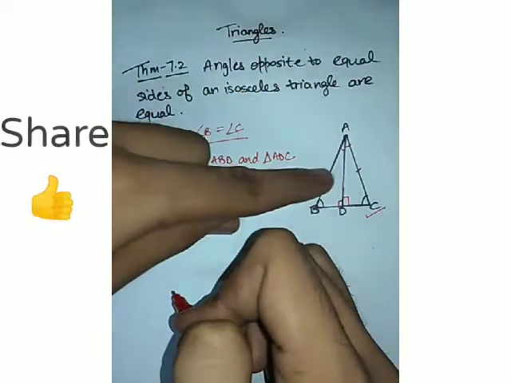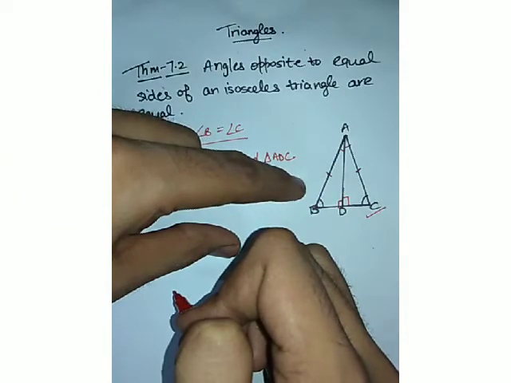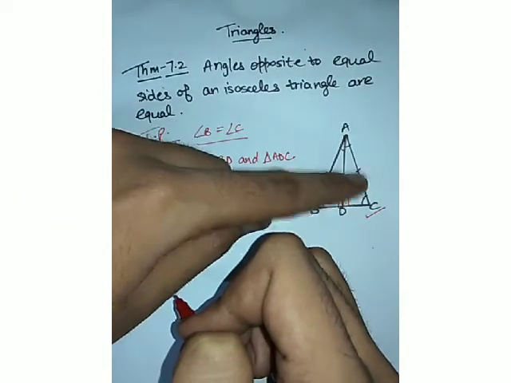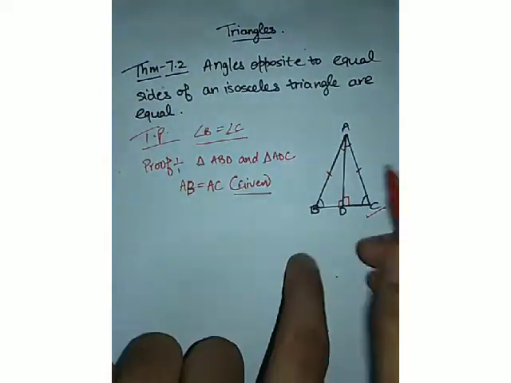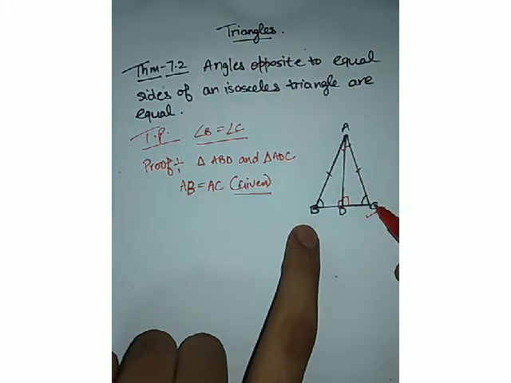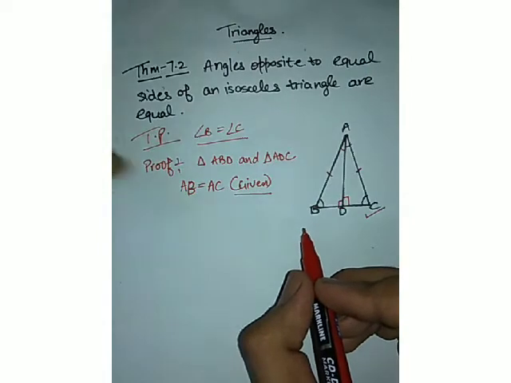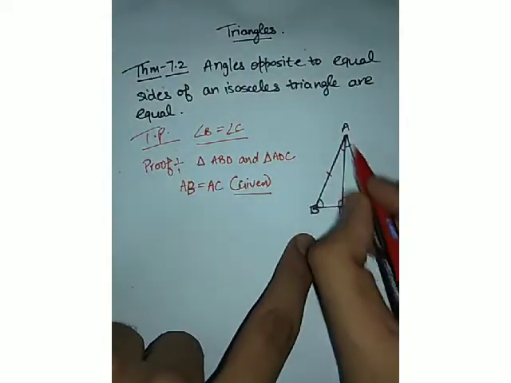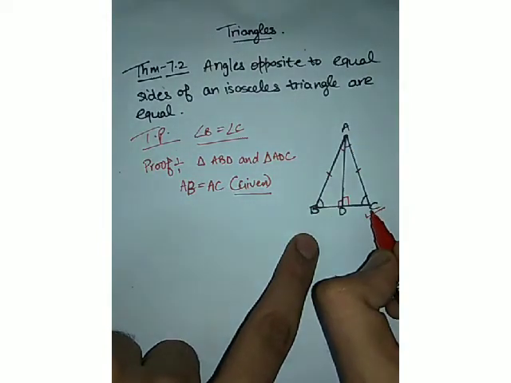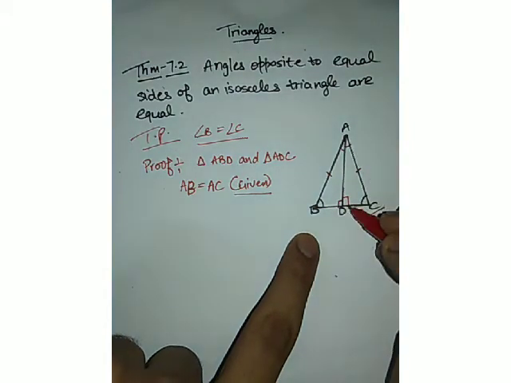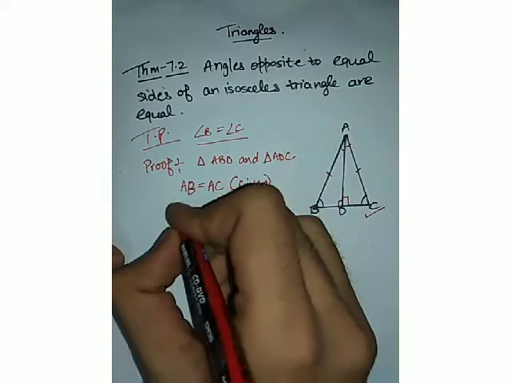Now rest, what you can see, that ADB is equal to ADC. Of course it's 90 degrees, right, because it's a bisector. You can write this as well, because this can be proved in many ways. In your book they have written AB is equal to AC, then they have proved that BAD is equal to CAD. Now let's write that.